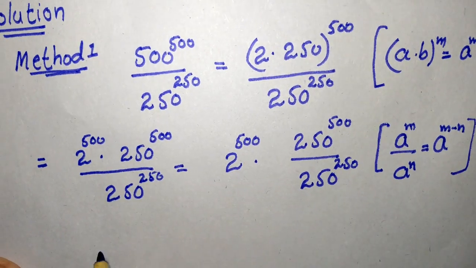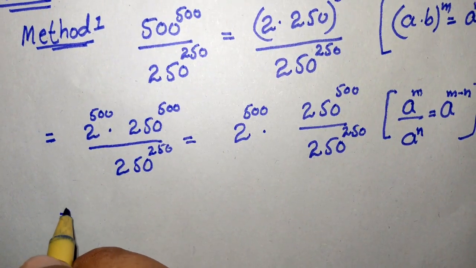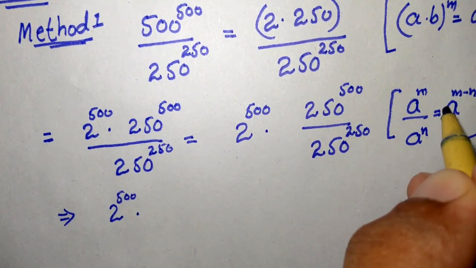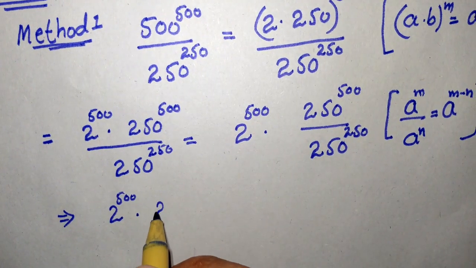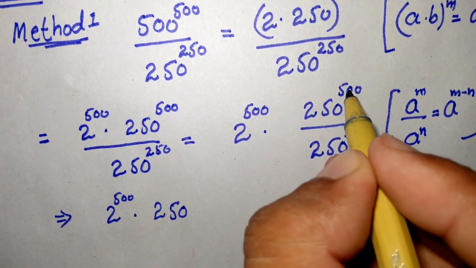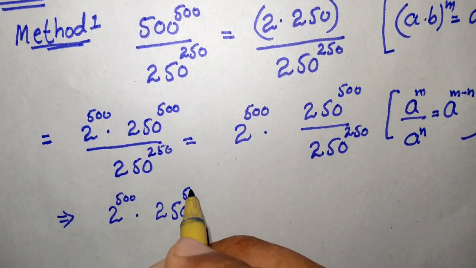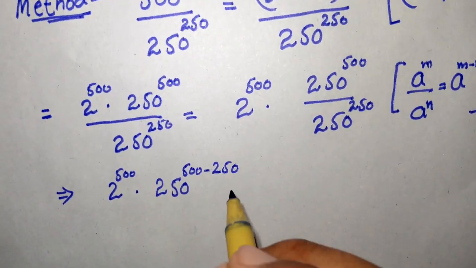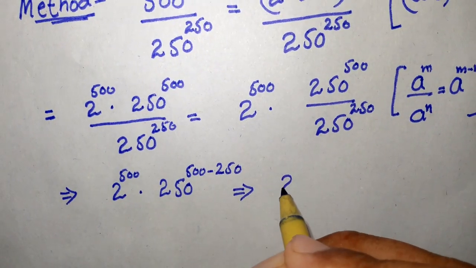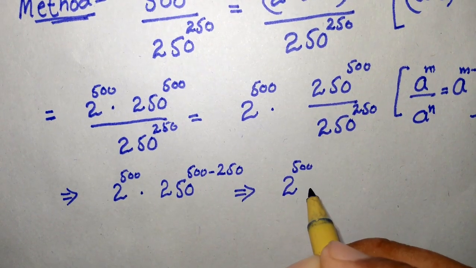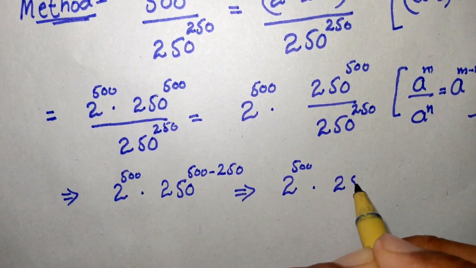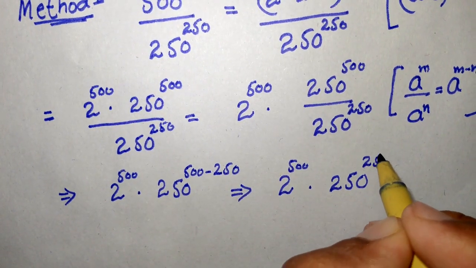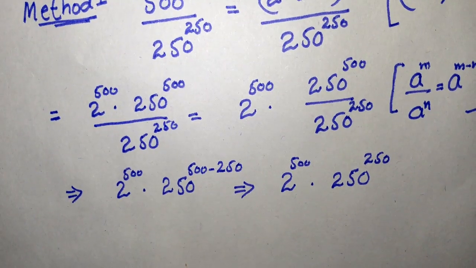So here this will become 2 to the power of 500 times 250 to the power of 500 minus 250, which will become 250.